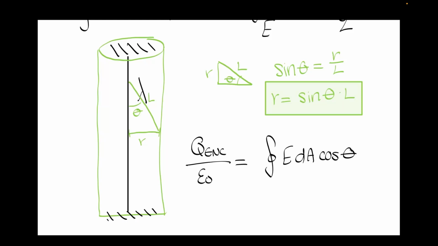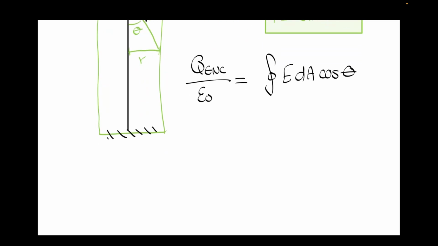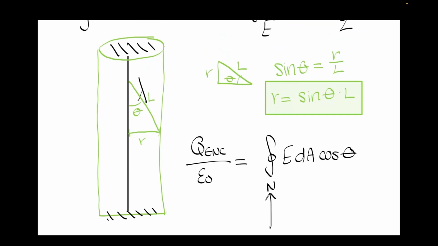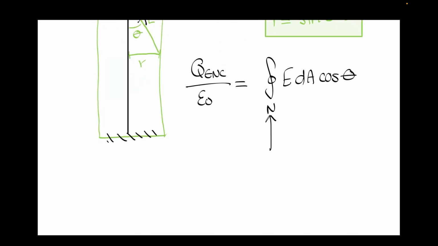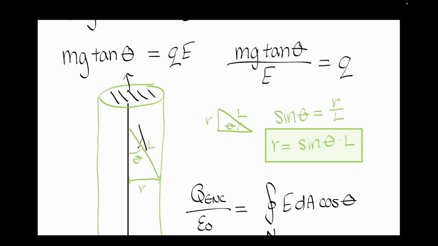Okay. Well, if we think about it, I'm going to call this my normal vector on these caps here. When we talk about our electric field, it's going to point every which way around this thing. This one points off that way, then towards us, then away from us, whatever way.